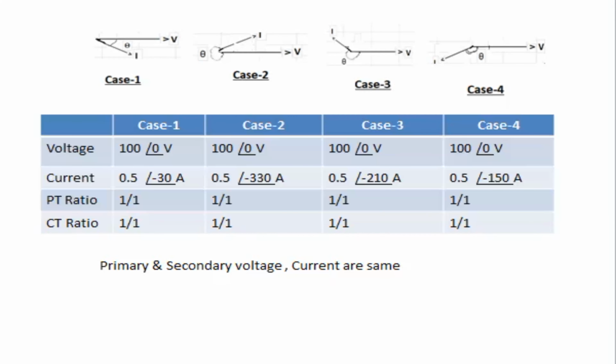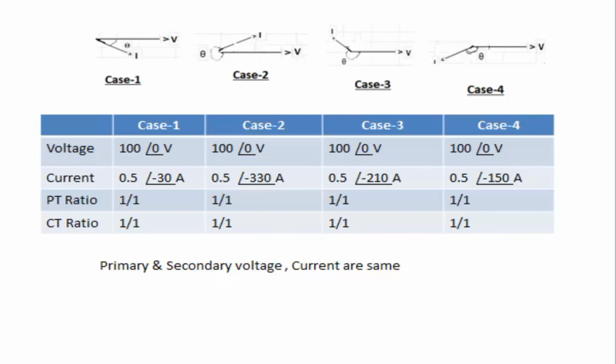Now, we measure the voltage and current of each case. Voltage, as I told you, we take as a reference. In all the cases, voltage is 100 volt angle 0. Current, in the first case, is 0.5 ampere with the angle minus 30 degree.